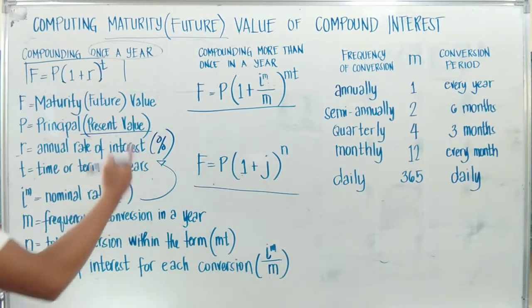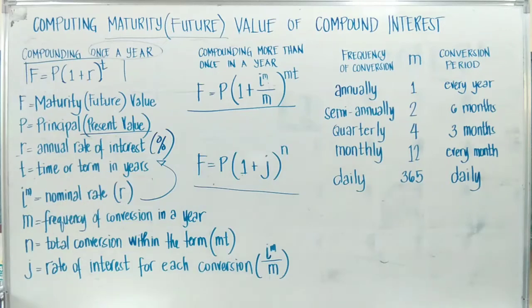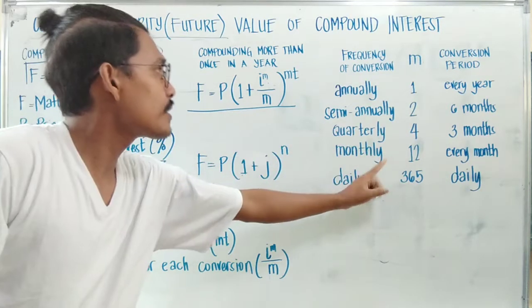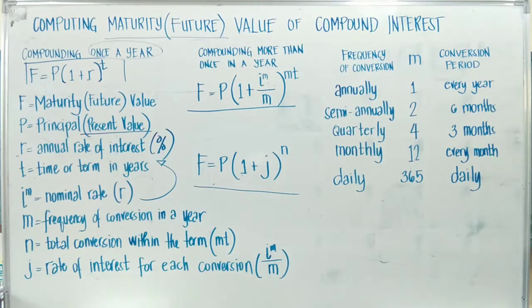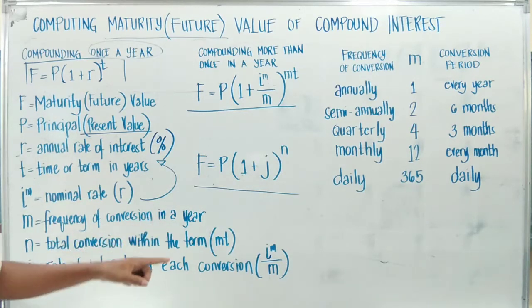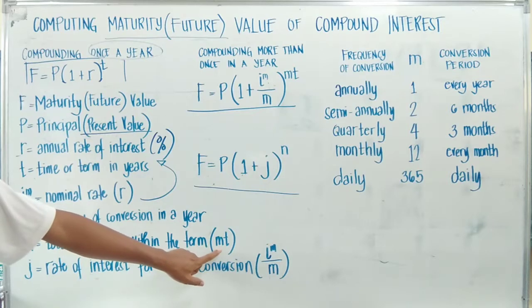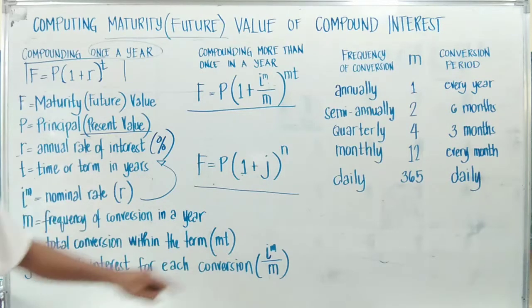We will get to that later. Then we have m, the frequency of conversion in a year. I will discuss this frequency of conversion later, but m denotes the frequency of conversion in a year. Then n is the total number of conversions within the term, and we can compute n using m times t.